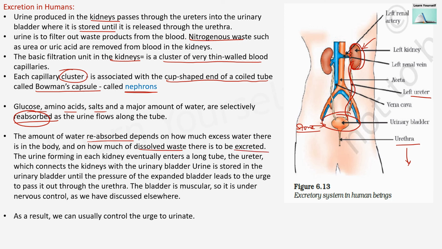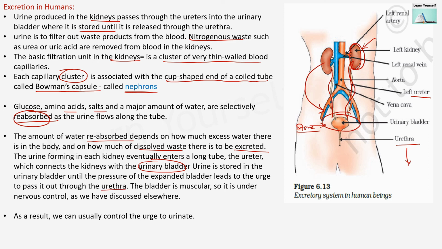The urine forming in each kidney eventually enters a long tube, the ureter, which connects the kidney to the urinary bladder. So ureter is the pipe which will take urine from kidney to the urinary bladder. Urine is stored in the urinary bladder until the pressure of the expanded bladder leads to the urge to pass it through the urethra.